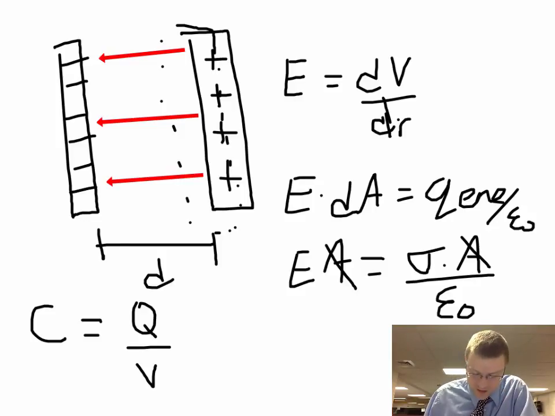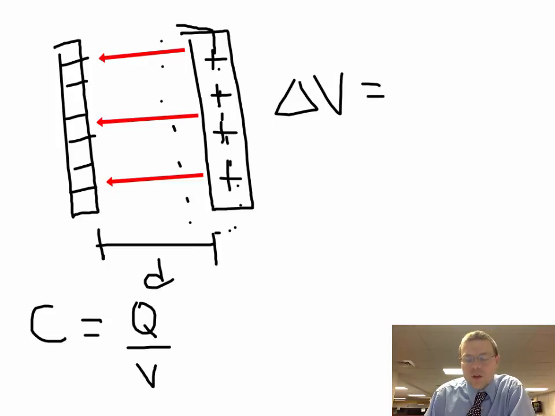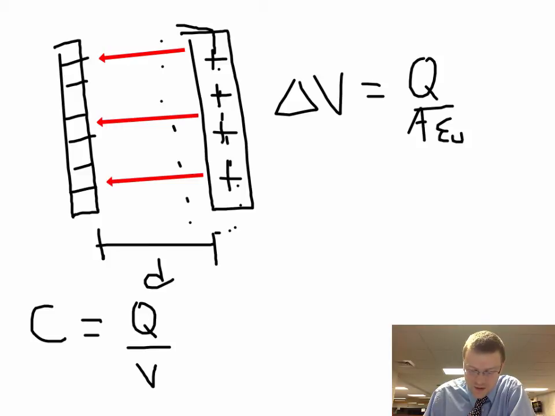Well, let's put that into our electric field equation here and solve for volt. So if I want to solve for potential difference, I put in my electric field, which is charge per unit area over epsilon 0, times our displacement. The displacement from one plate to the other here is going to be this distance d. So I'll put in d for the distance between the two plates.